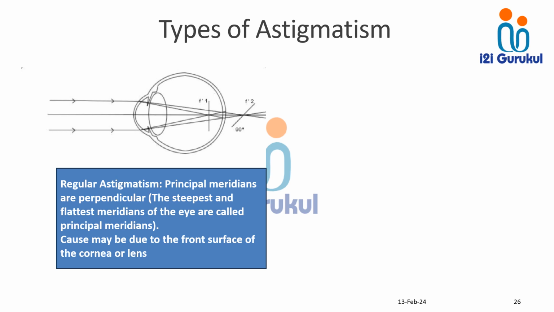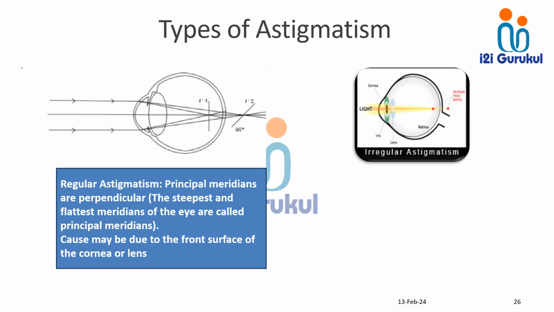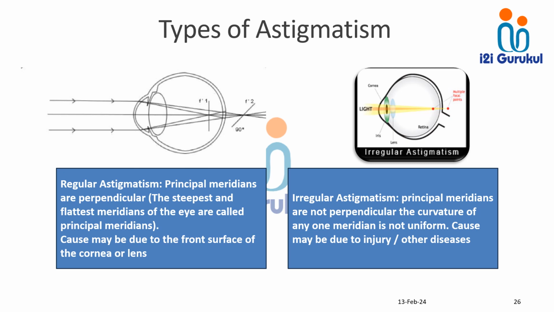Okay. And with irregular astigmatism, the two principal meridians are not perpendicular to each other, and the curvature of any one meridian is not uniform. So in this condition there is a difference in the angle, whereas in regular astigmatism both meridians are 90 degrees apart.